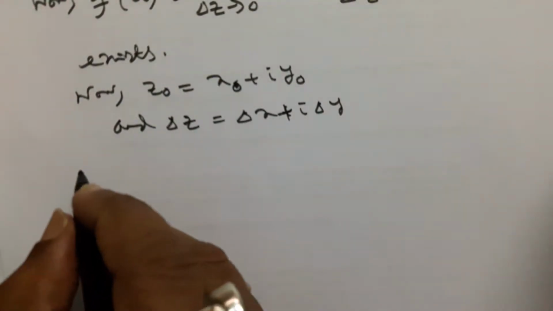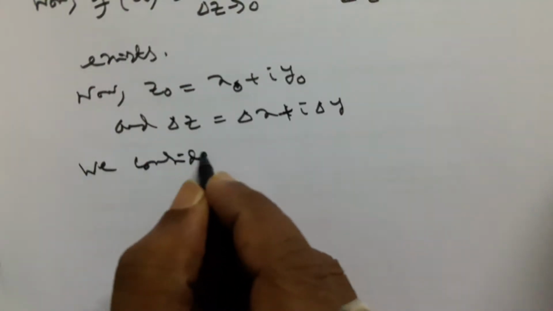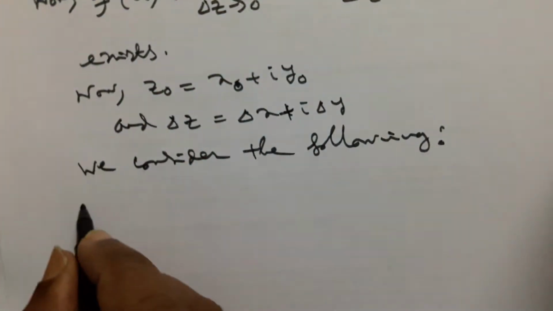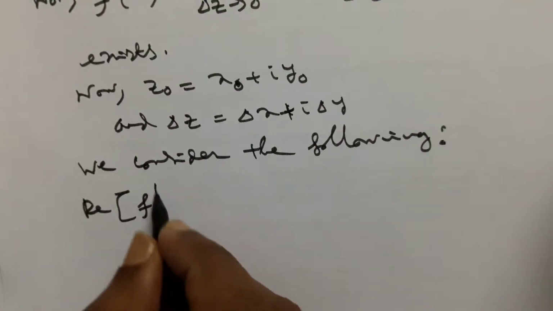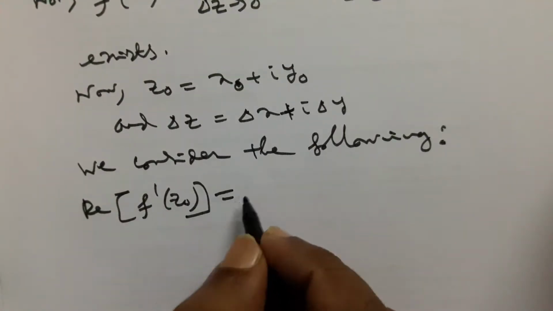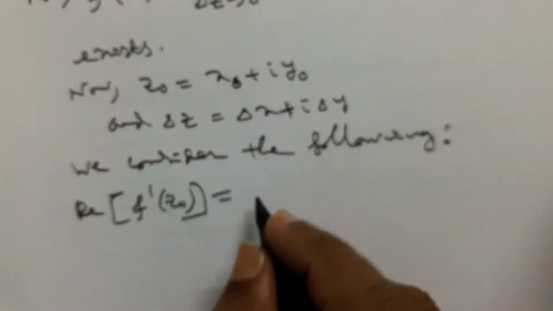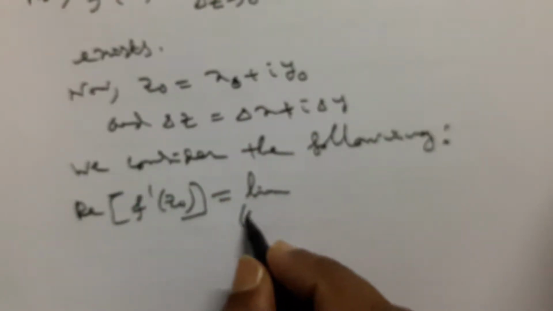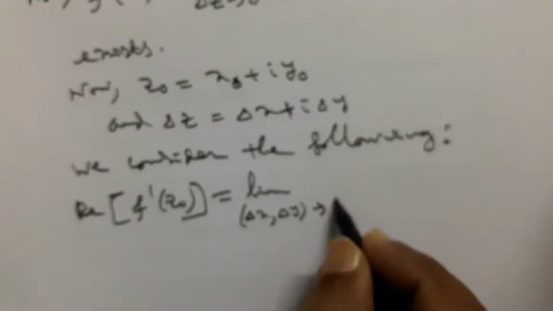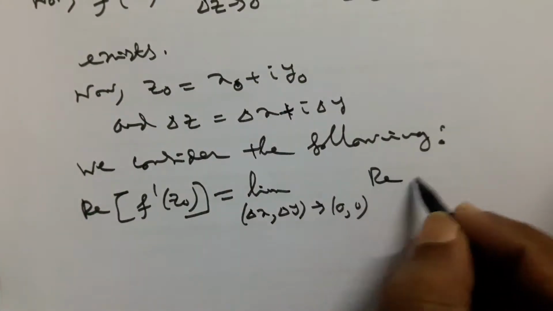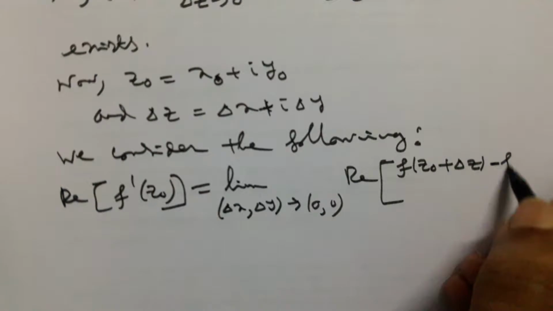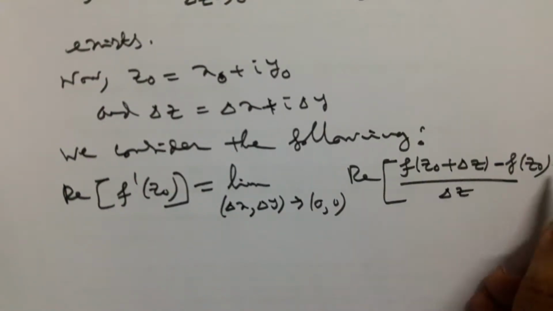Now we consider the following expressions. The real part of f dash z0 will be given by the limit as both del x, del y tend to 0, 0 of the real part of f of z0 plus del z minus f of z0, divided by del z.